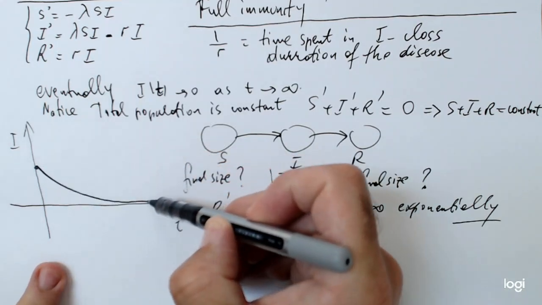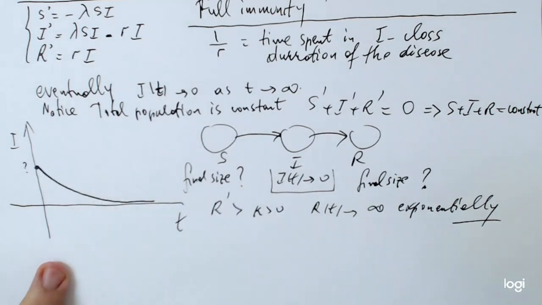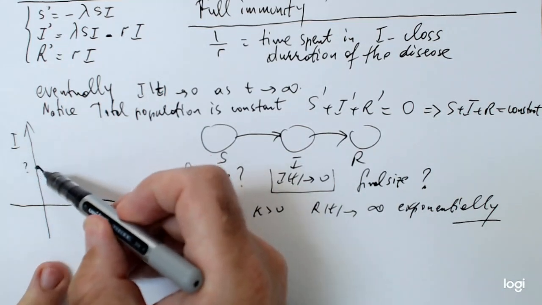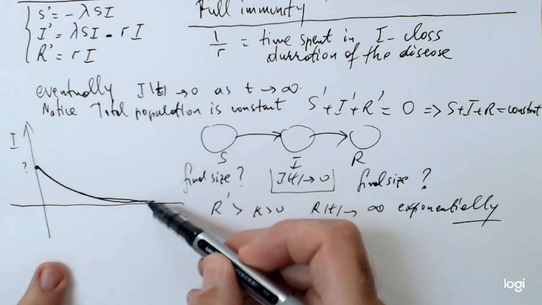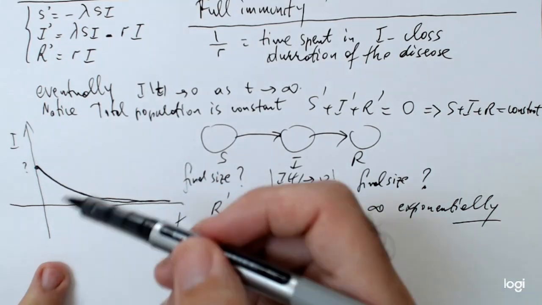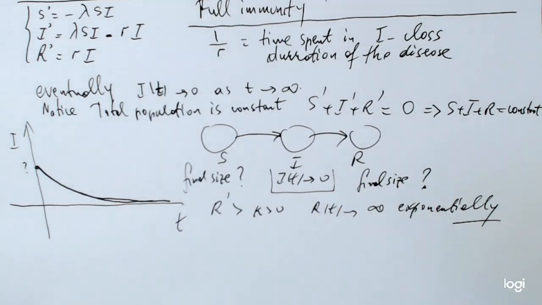You have some initial number of cases dropped in the population, but then they dissipate. That's not to say you won't have new infections, but it will be on a declining slope. So the number of infections is going to decline as t goes on. There's not going to be any spike.